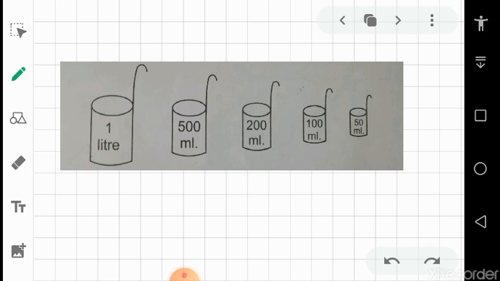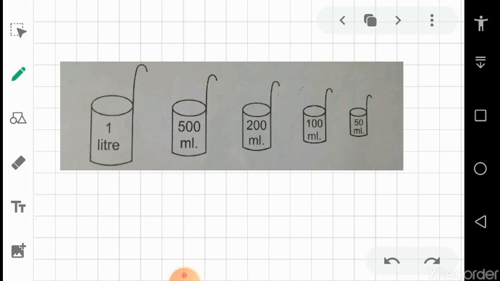So these things are measured using containers, and this comes in the category of volume. Actually this is the volume when we say something is 1 liter or 500 milliliter. So this is the volume of liquids. The bigger the container, the higher the volume, and the smaller the container, the lower the volume.